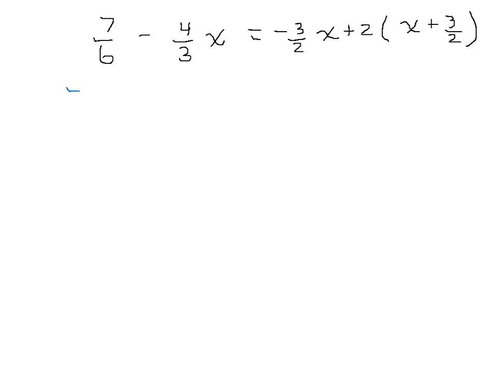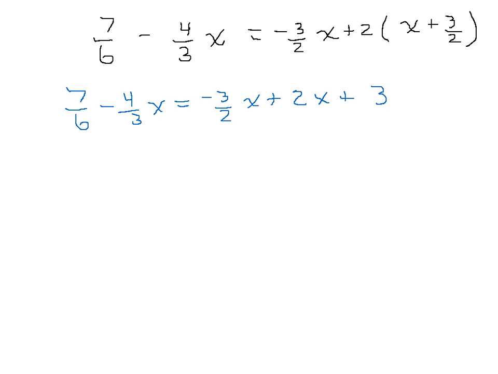So if I rewrite this, I have 7 over 6 minus 4/3 x equals minus 3/2 x plus, what do I get? 2x plus 2 times 3 over 2 is just 3.